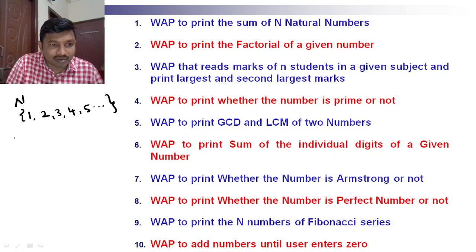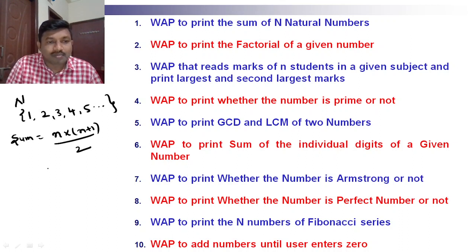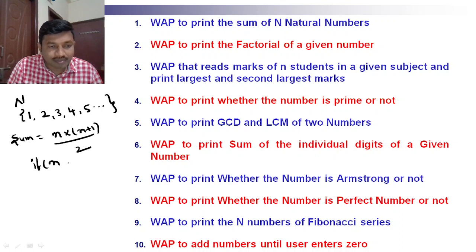In fact, we have the mathematical formula to find the sum of the n natural numbers: n into n plus 1 by 2, where n is the last term in the series. But I am not going to use this formula; I would like to use the loop to find the sum. So initially, for addressing this problem, I will test the n value. If n is less than or equal to 0, we won't do the sum.